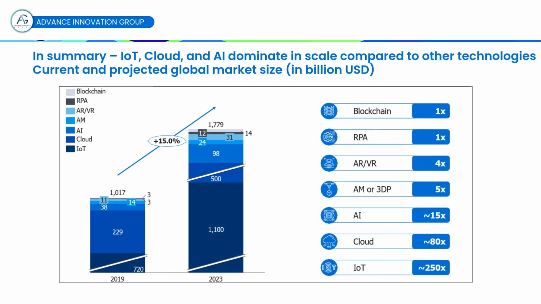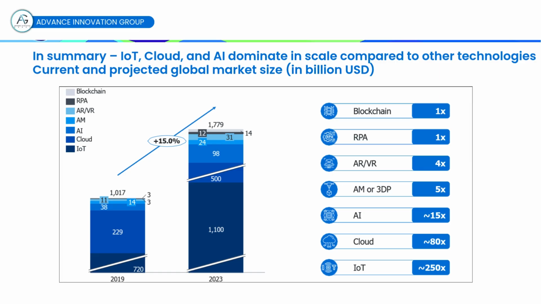IoT, cloud, and AI dominate in scale. This slide highlights the current and projected global market size of various emerging technologies, measured in billion USD from 2019 to 2023. The overall market grew at a 15% compound annual growth rate, CAGR, a strong indicator of rapid technological adoption and investment.